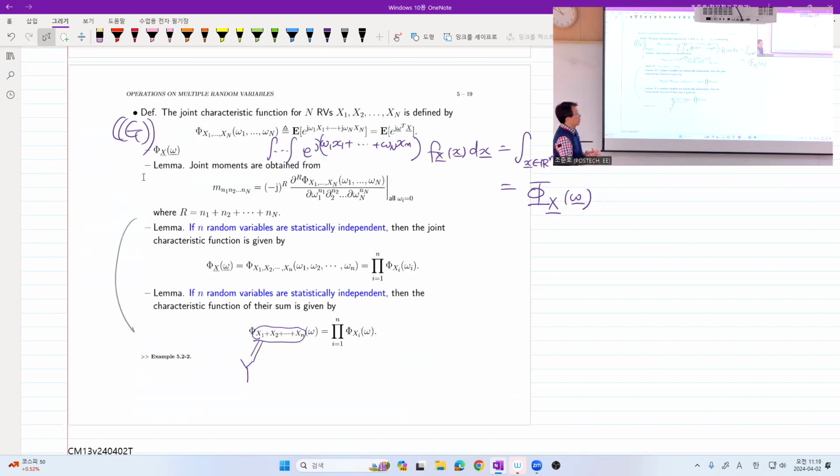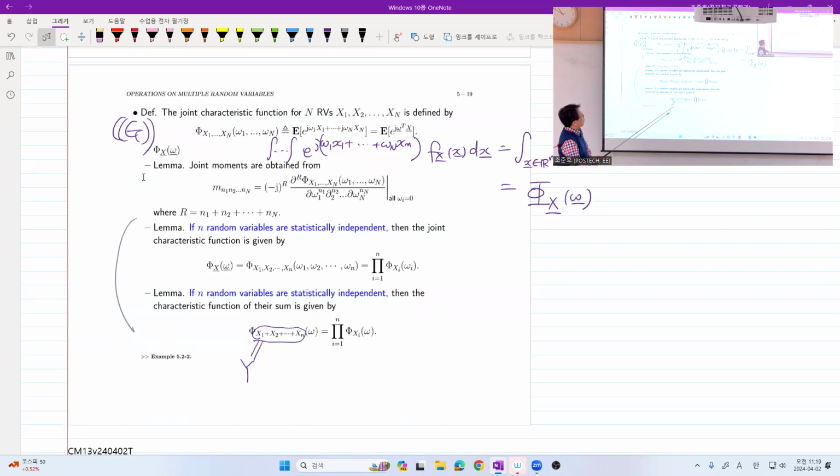And what about the characteristic function of the summation of the random variables, especially when those random variables are independent? Then as you know, the joint PDF is the convolution of these things. And as you learned in signals and systems, Fourier transform of convolution becomes the product of the Fourier transforms, right? That is called the product theorem or property.